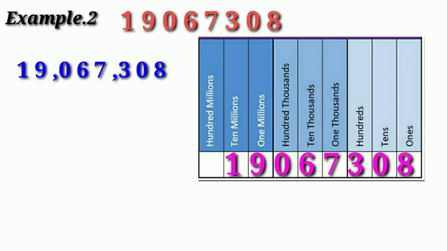What are you getting? In million place 19. Okay, 19. Next, in thousands place 067. That means 67,000. And hundreds place 3, tens place 0, ones place 8. That means 308. Children, what is the number name?